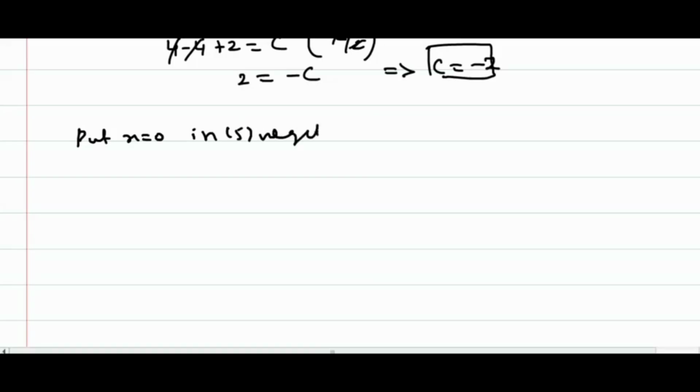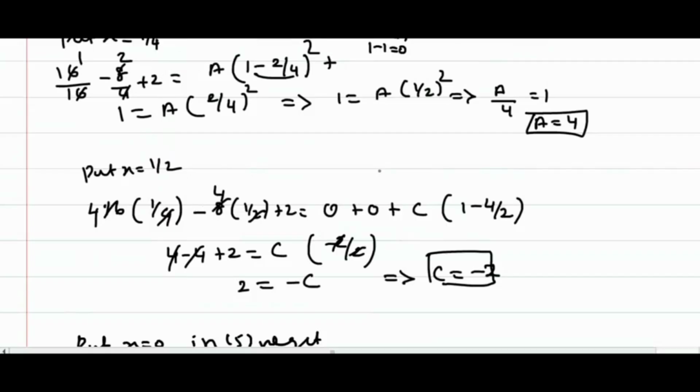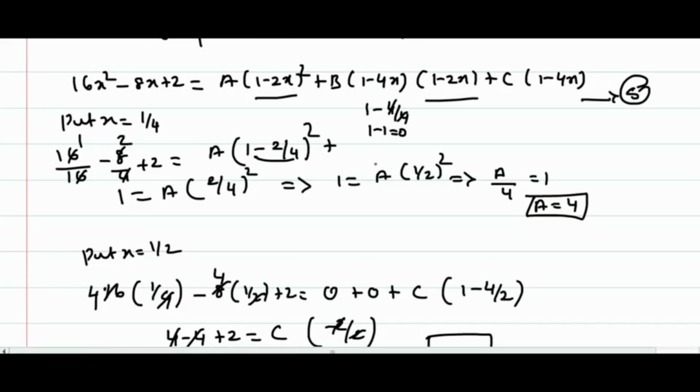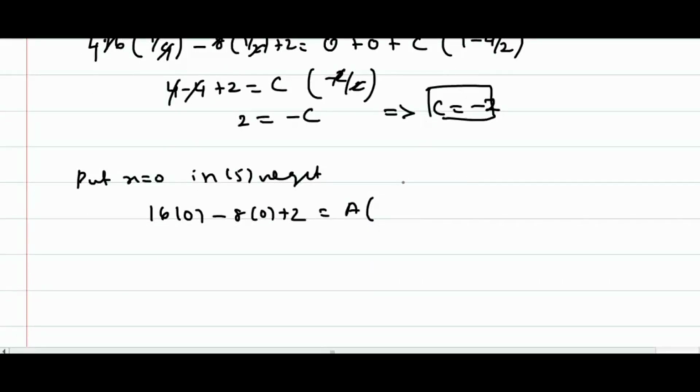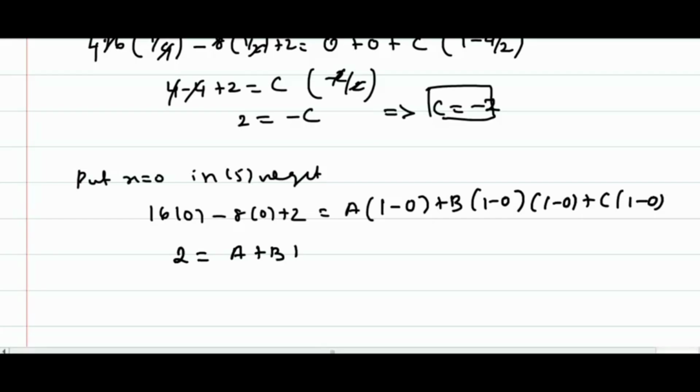So we get, left hand side, 16 into 0 minus 8 into 0 plus 2, equal to a into (1 minus 2x) into (1 minus 4x) plus b into (1 minus 2x)... plus c into (1 minus x). Substitute x equal to 0. Okay, so we get this term. Left hand side we have 2, right hand side we have a plus b plus c.